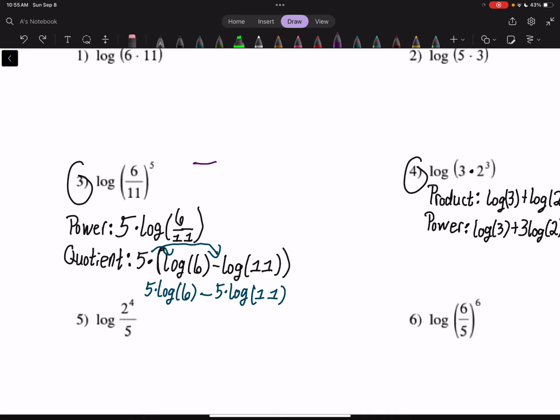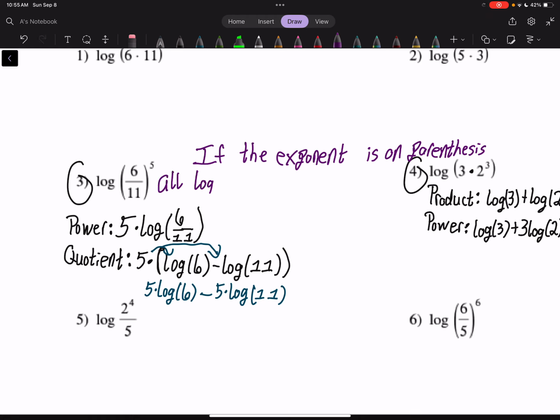If the exponent is on parentheses, all logs get the exponent number in front of them.